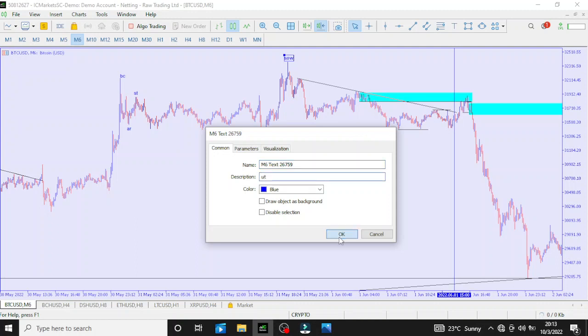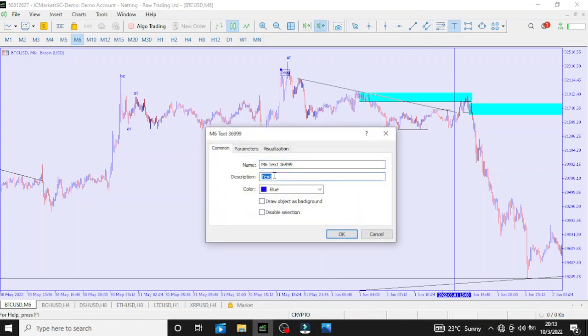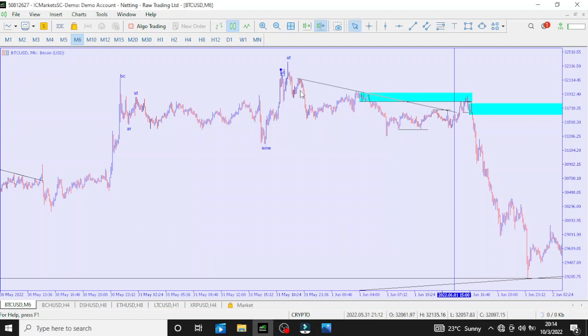Like people say, markings are necessary, but I won't say they are necessary. We may mark each schematic differently, but at the end of the day, the most important thing is to understand price action.